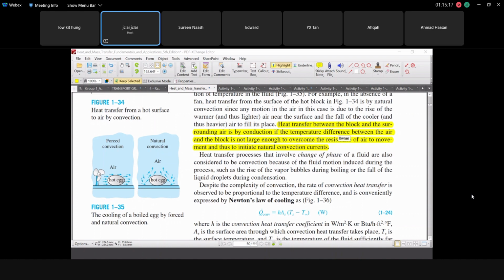In such a case, what happens is conduction, not natural convection. Is this clear enough to you? Do you still have questions?